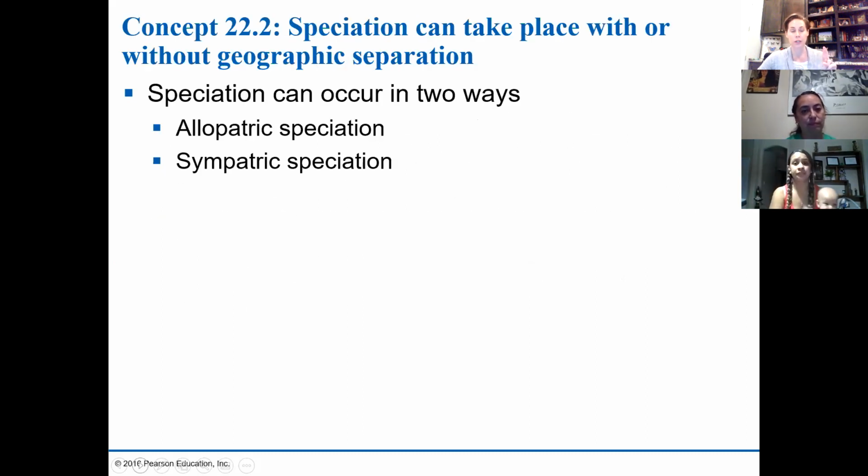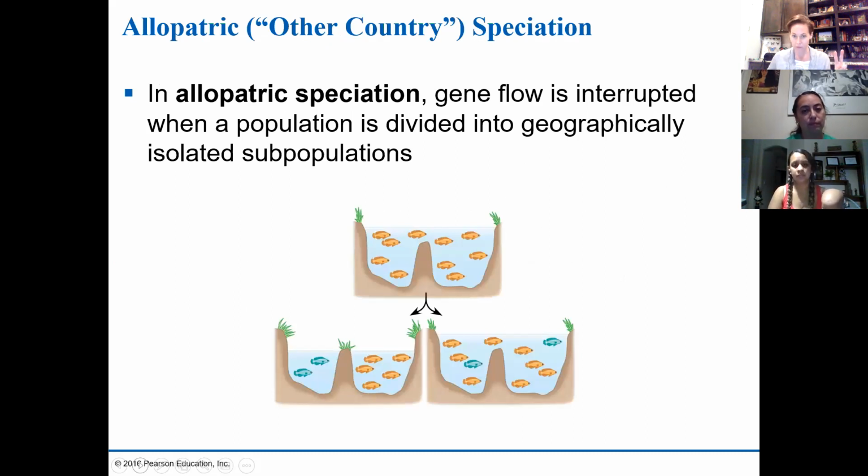Speciation can also occur in two different ways: allopatric speciation and sympatric speciation. Allopatric is when gene flow is interrupted because there's a geographical barrier that isolates two populations. So something happens here where you have this little population and growth happens in the ground.